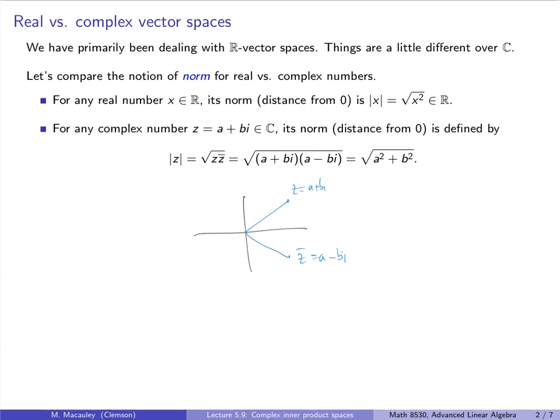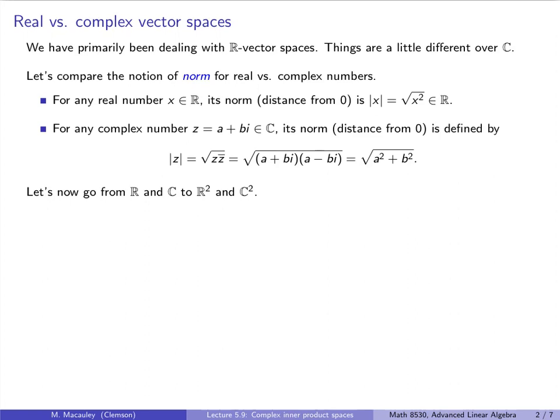So if you multiply z times z bar, if this is theta, then this is negative theta. So the angles add, and you will end up getting something on the real line. So this will be z times z bar, and its magnitude, or its norm, is going to be the square of the norm of z, or z bar, and the angle is going to be 0 degrees, and hence real.